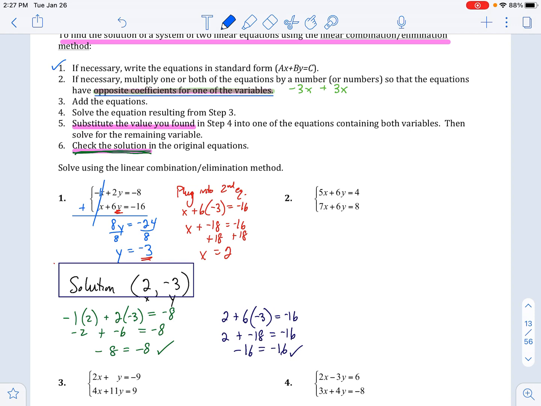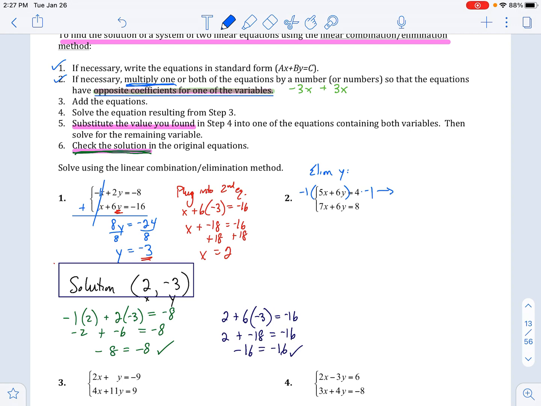As I take a look here, I notice that we can do that if I choose to eliminate my y's. Because I have a positive 6y with a positive 6y, the way I'd get the opposite coefficient is to multiply. This is what we pick up here in step 2, where it says multiply one equation to get the opposite coefficient.